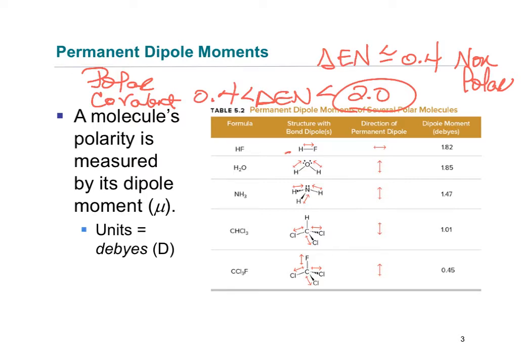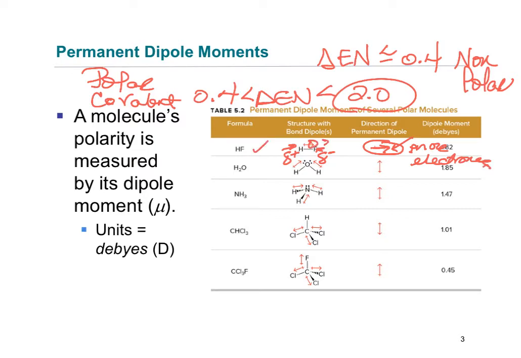I showed you that before, but you'd put a partial negative over or next to the element that's more electronegative and a partial positive over the element that is less electronegative. Or you can draw what we call a dipole. So it's an arrow. The tip of the arrow points to, or is over, the more electronegative element. So look at it on hydrogen fluoride.